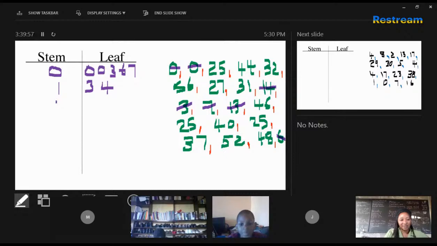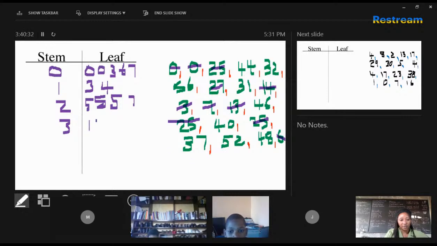For the 20s, scanning, what do we have for the 20s? 25 three times, so we have three 25s, and then 27. For the 30s, we have 31, 31, 32, 32, 37, 37.